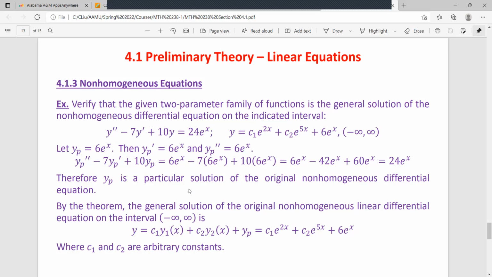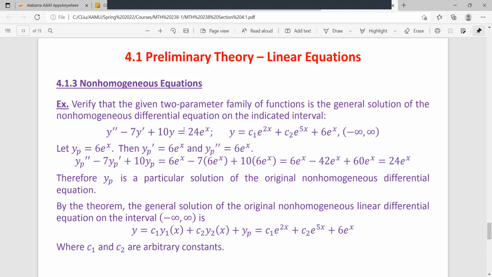Okay, we have verified e to the 2x and e to the 5x are both solutions to the homogeneous equation. Okay, and they are linearly independent. We also verified that 6e to the x is a particular solution to the non-homogeneous differential equation.